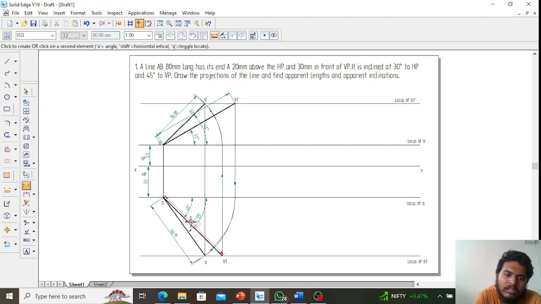And this line. So this question is done. Now we will write the length and inclination we found.